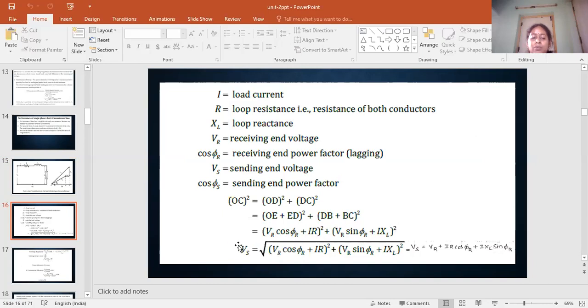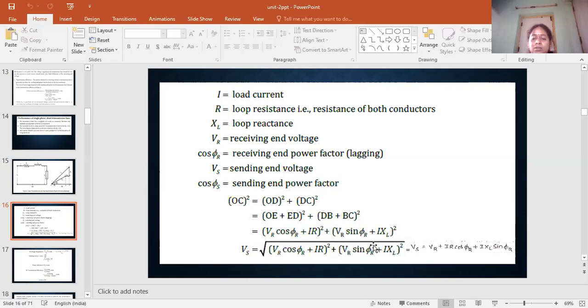So Vs equals the root of (Vr cos phi r plus IR) whole square plus (Vr sin phi r plus IXL) whole square. This derivation is not necessary to repeat; we can write that value directly. There are more calculations for solving this equation.